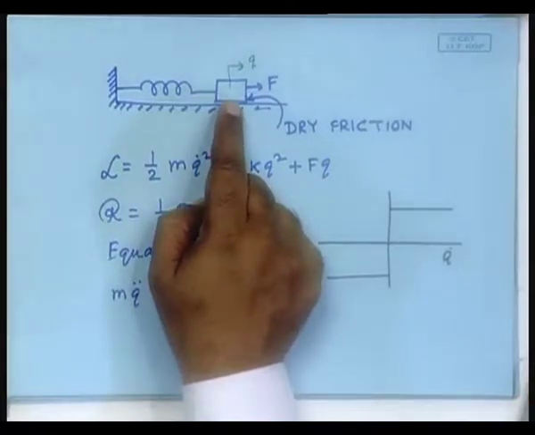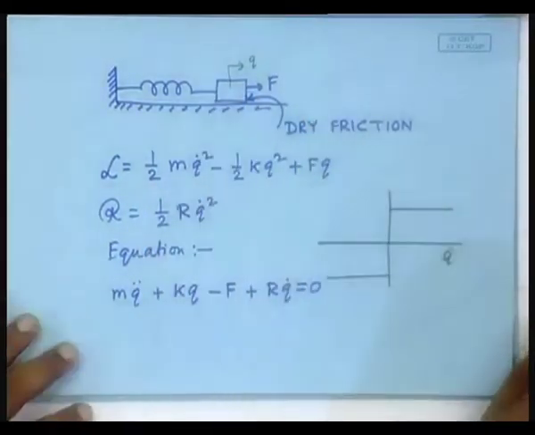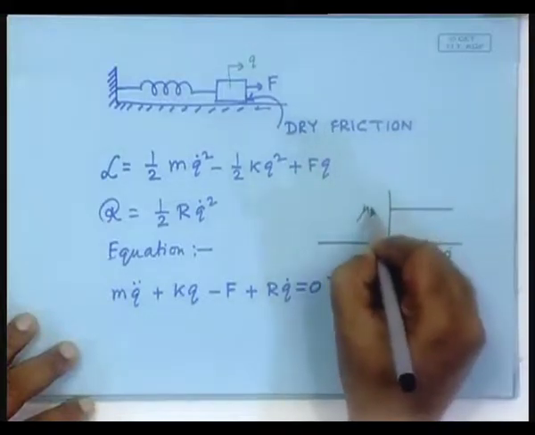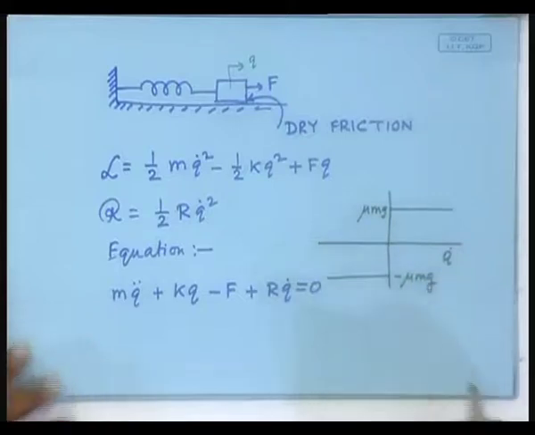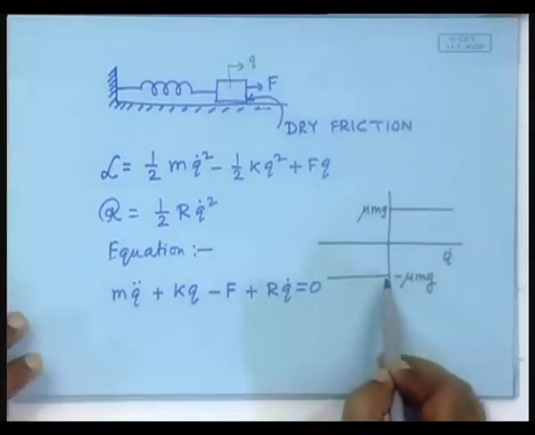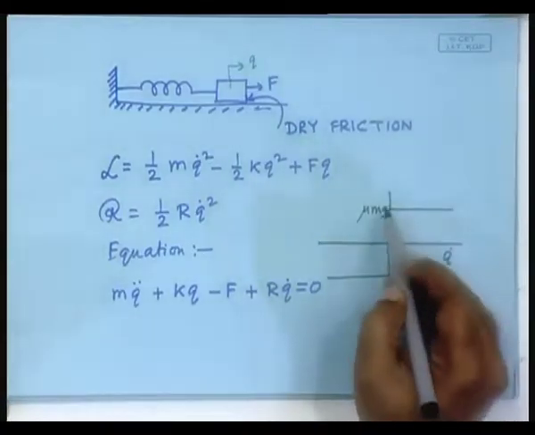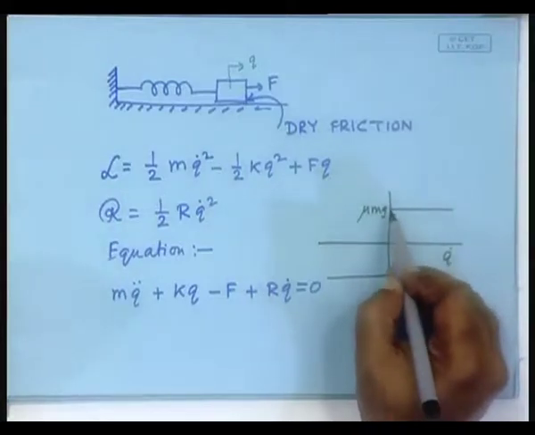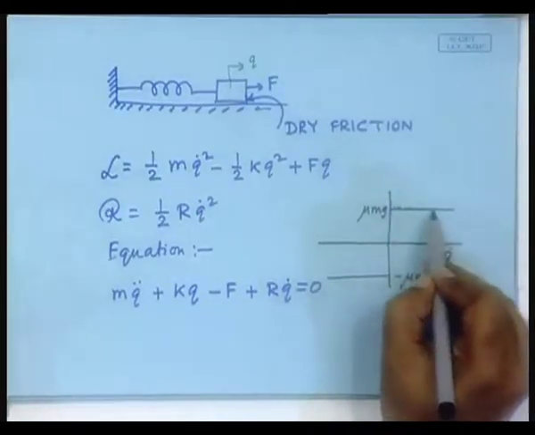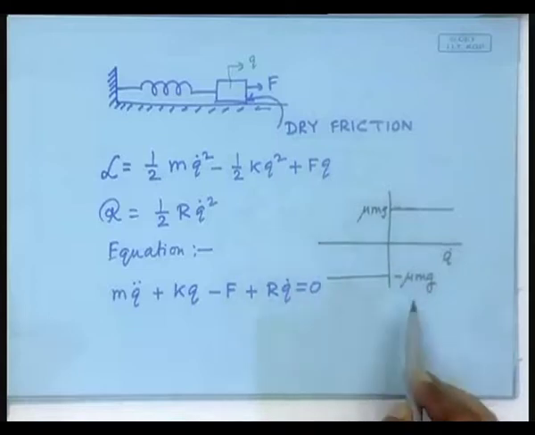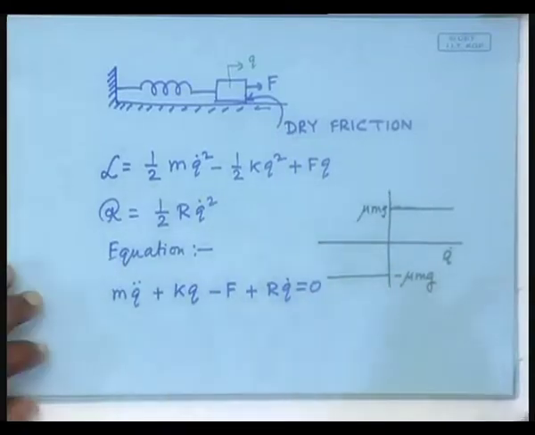So, mu mg will be the force created. So, this will be mu mg, and this is minus mu mg. Convinced? In reality it will be slightly up here, and then it drops, but let us assume that it is more or less like this, which is not a very bad assumption. So, mu mg and minus mu mg here.